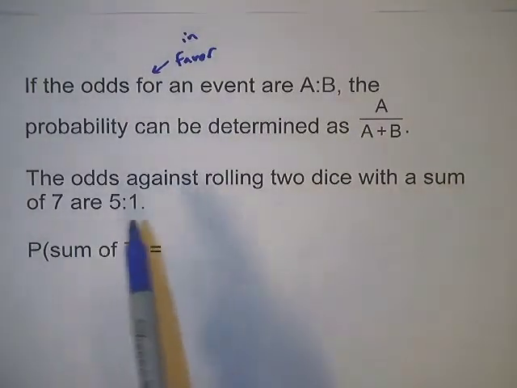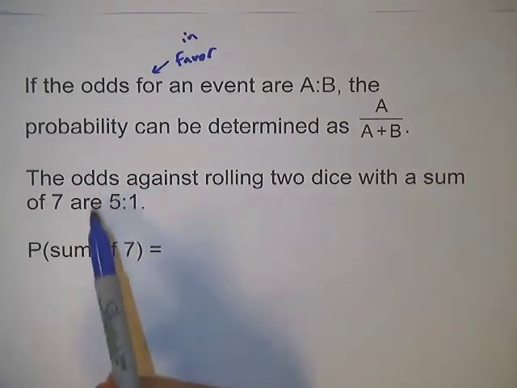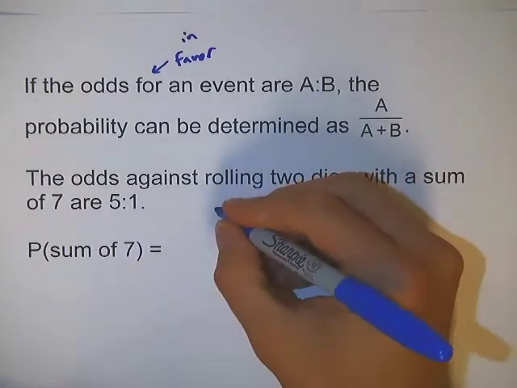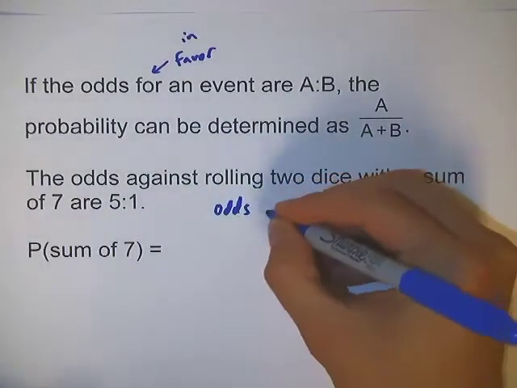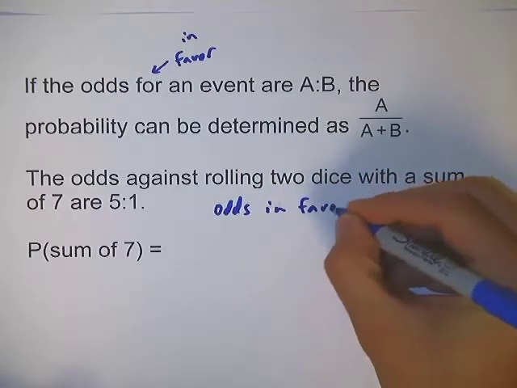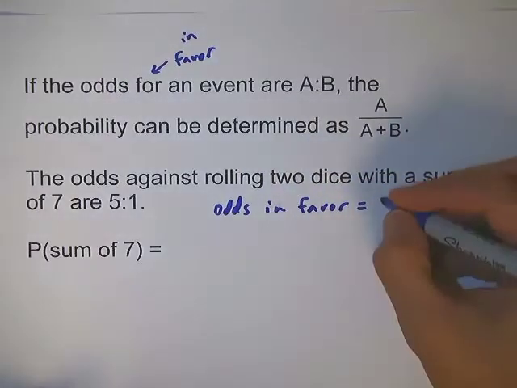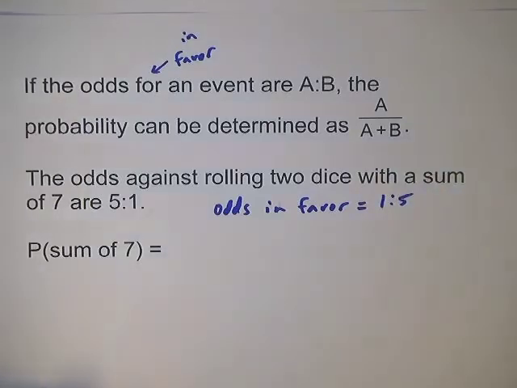So if we know that the odds against are 5 to 1, we know that the odds in favor are going to equal 1 to 5.